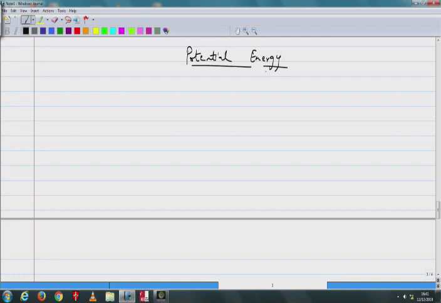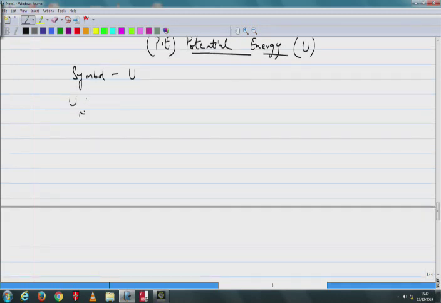First of all, its symbol is U. Always remember this, potential energy symbol is U. Sometimes I will write potential energy as PE like this. If you talk about unit, since it is energy, its unit will be joules, capital J.